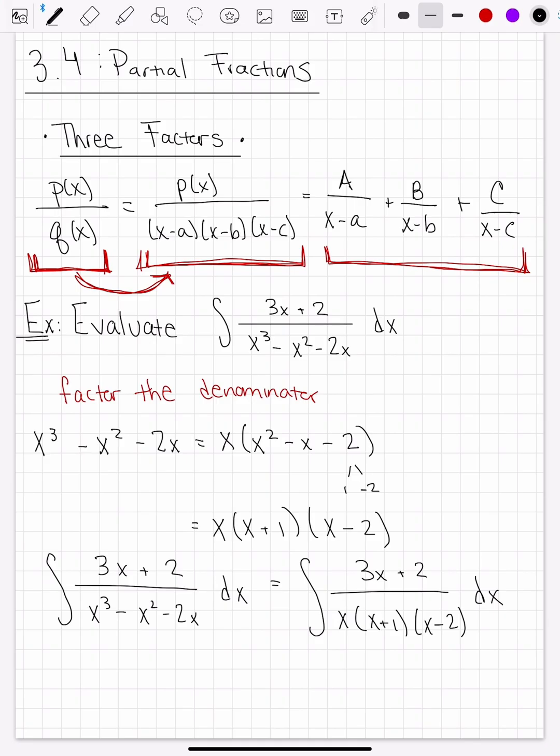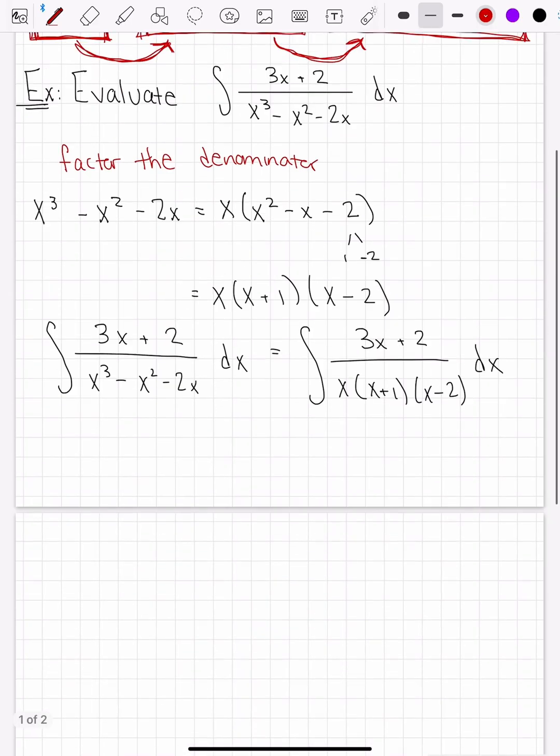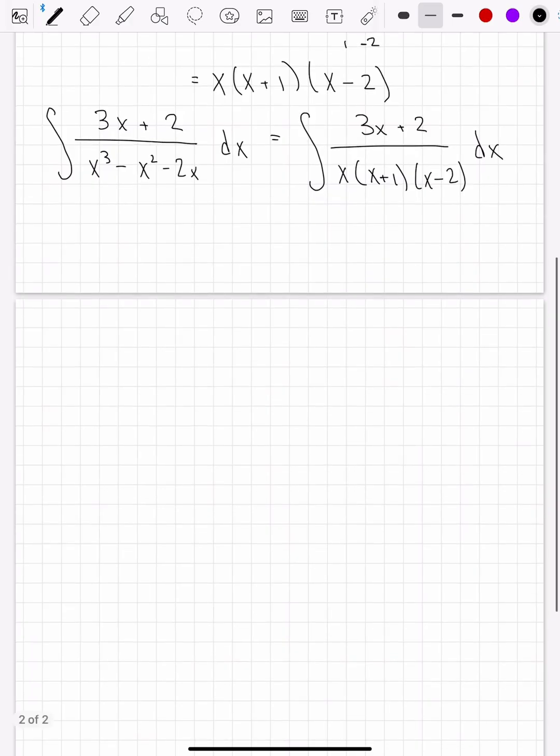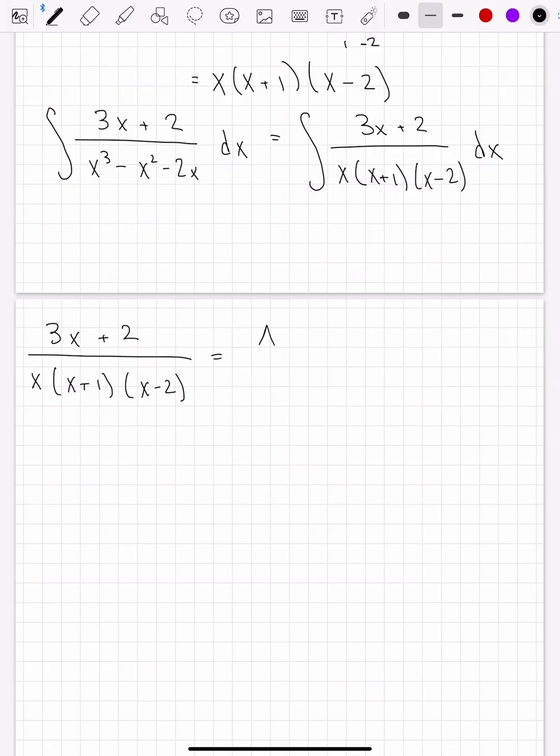Right, and so now our goal is to go from this middle stage where we're at with a factored denominator to breaking it up into 3 different factors. And so what we do is we take 3x plus 2 all over x times x plus 1 times x minus 2, and we want to find a capital A, a capital B, and a capital C where these 2 things are equal to each other.